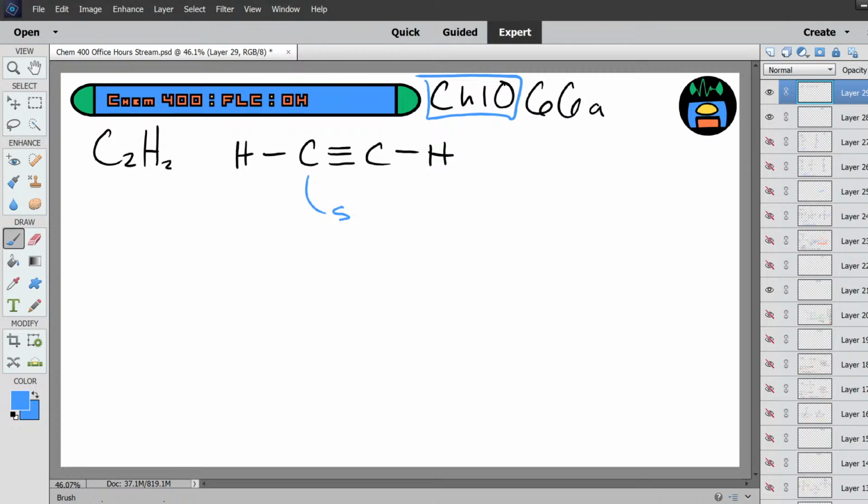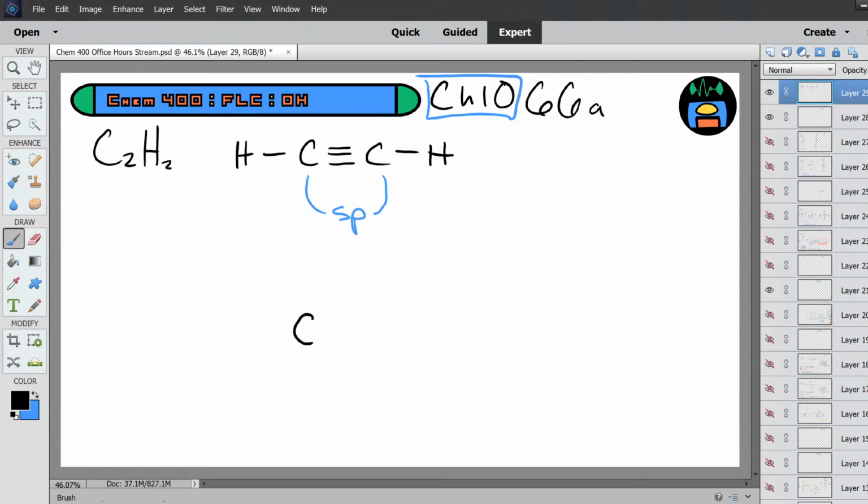And this carbon has 2 atoms, no lone pairs, so it will have a hybridization of sp. Same with the other carbon, right? We have 2 atoms, no lone pairs, so whenever you have 2 electron groups, you need to use 2 orbitals for your hybridization. So it comes out to be sp hybridized.